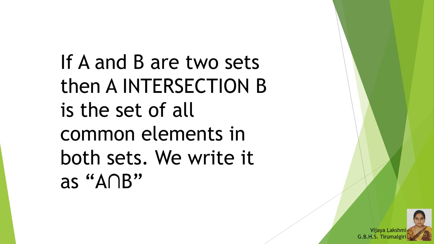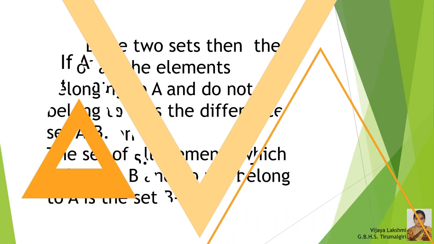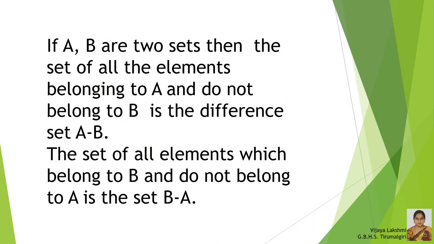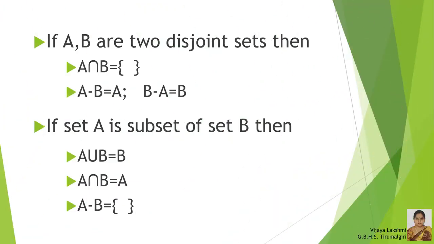We write it as A intersection B. If A and B are two sets, then the set of all the elements belonging to A and do not belong to B is the difference set A minus B. The set of all elements which belong to B and do not belong to A is the set B minus A.